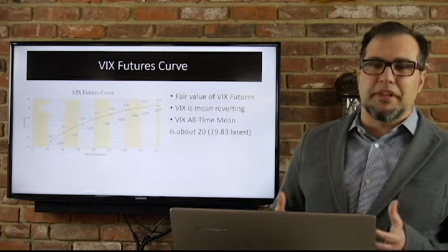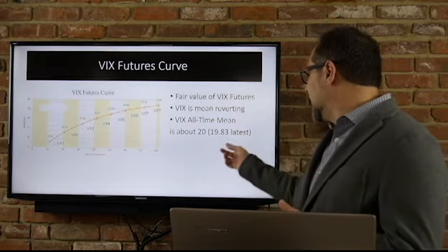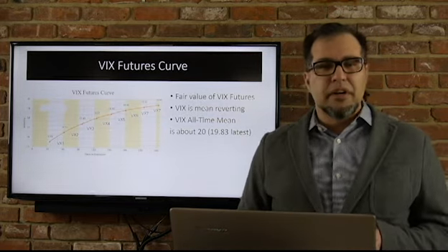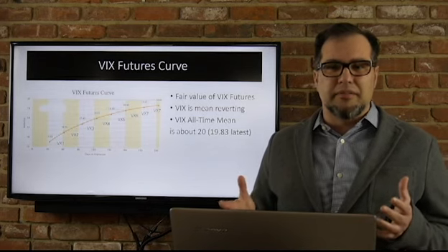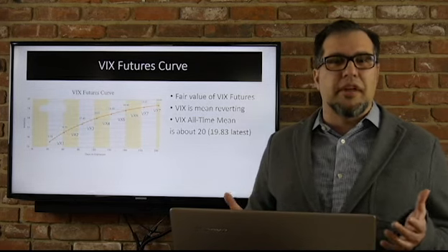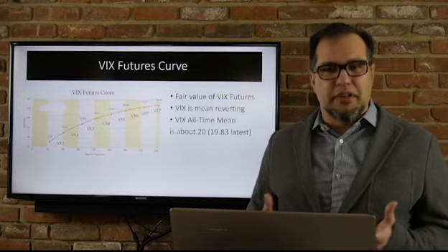Now, what is the VIX mean? Historically, we calculate the VIX mean every day. It's about 19.83 right now, but it has generally hovered in that 19.8 to 20 range. So, as a general rule of thumb, people use the number 20, to make it easy.